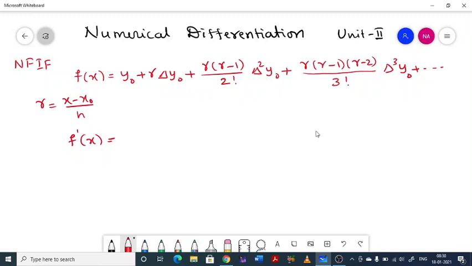See, if you differentiate both sides with respect to x here, you will get dr by dx equal to 1 by h into derivative of (x minus x naught), that is 1 minus 0. So dr by dx equal to 1 by h. So I will get here 1 by h into delta y naught plus r into (r minus 1) divided by 2 factorial.